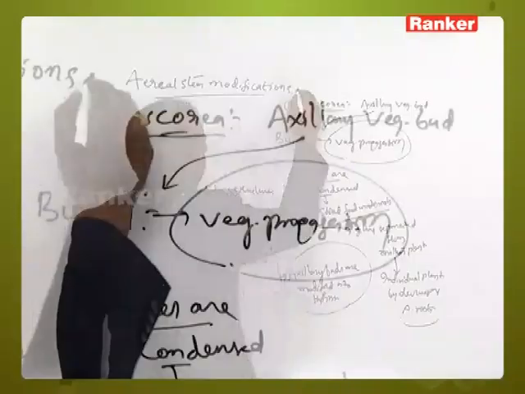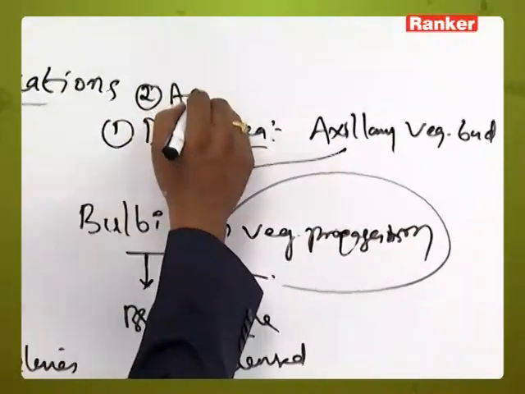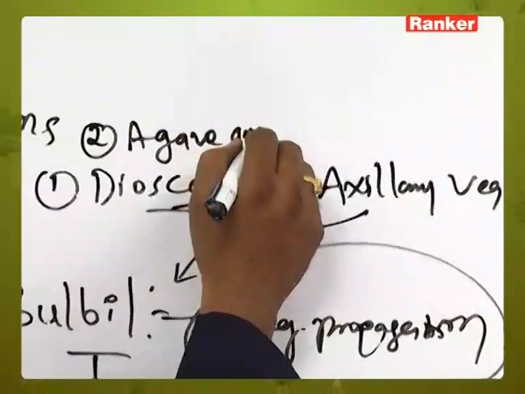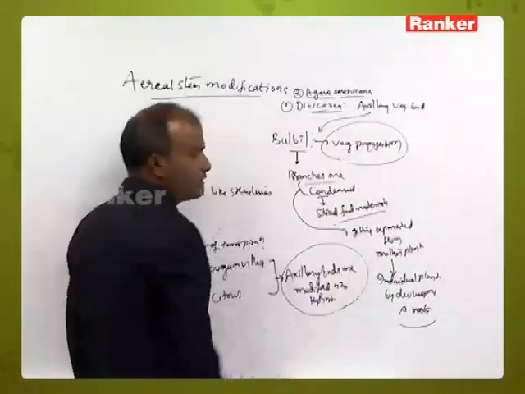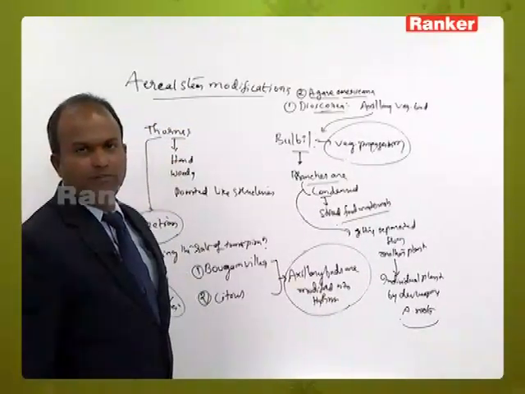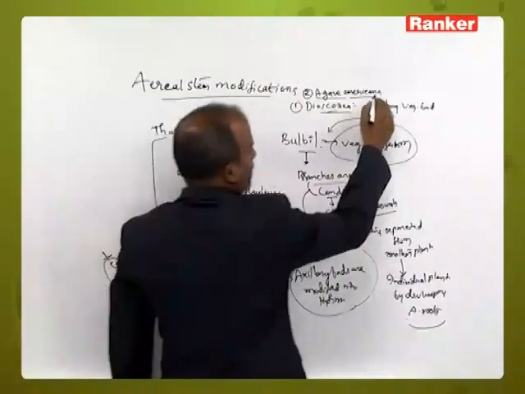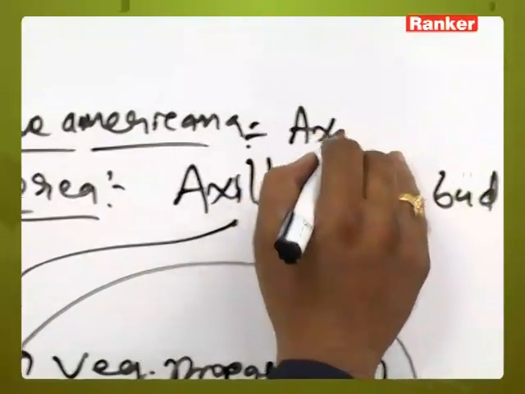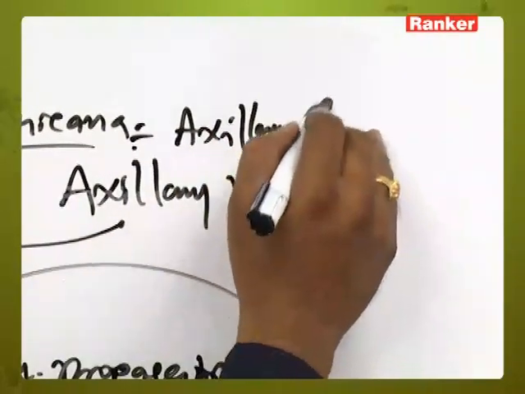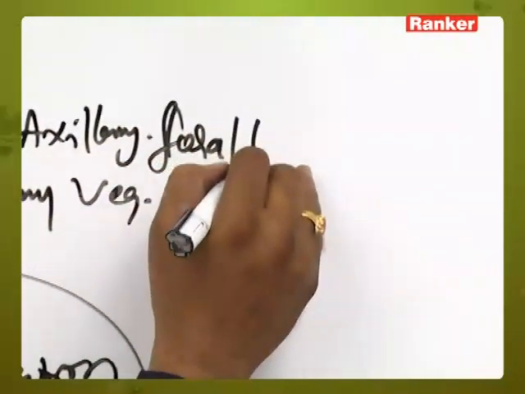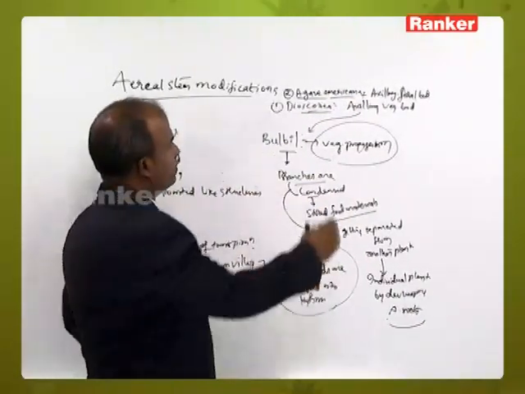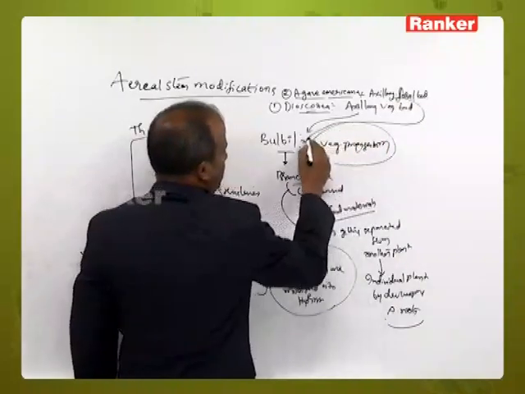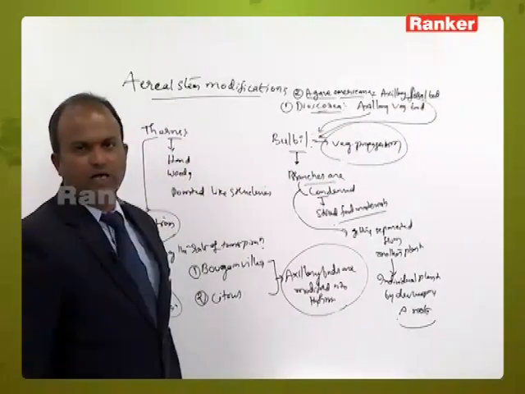Whereas in another plant, Agave americana, which bud is modified into a bulbil? What is the difference here? The axillary floral bud is modified into a bulbil in Agave americana.